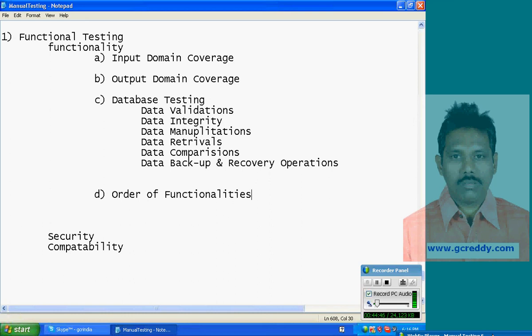Next, enter user ID and password. Click on the sign in button. Next, the email home page. Then you can perform reading, typing, means composing operations, then sign out. This is the correct order of functionalities.